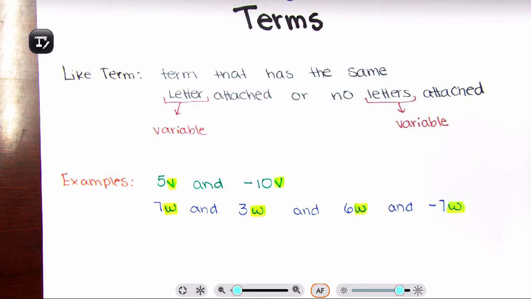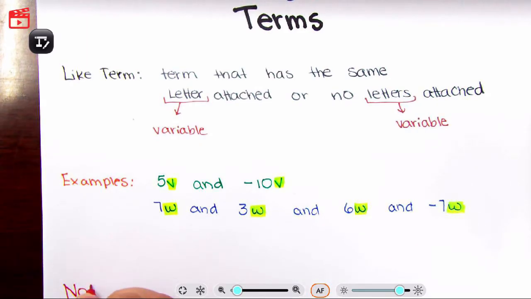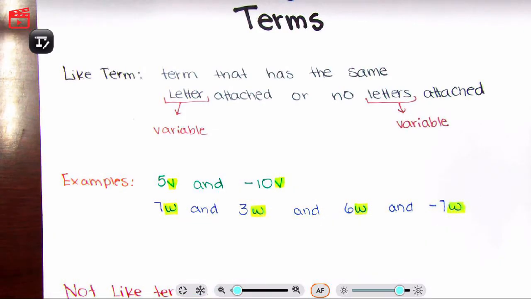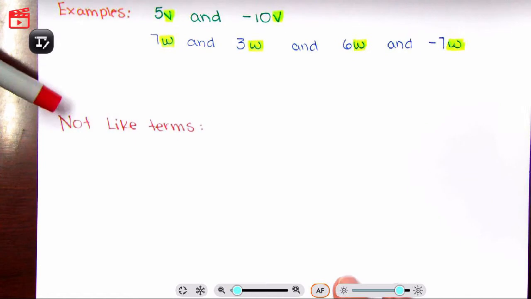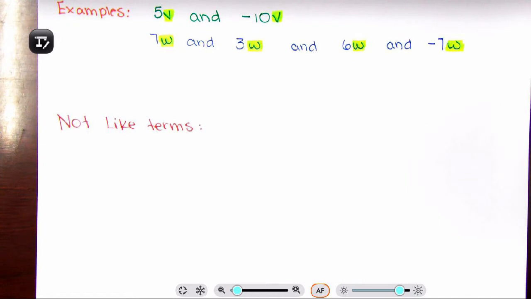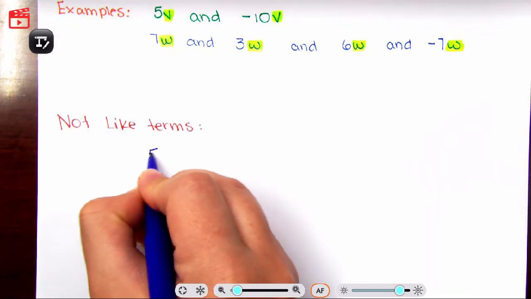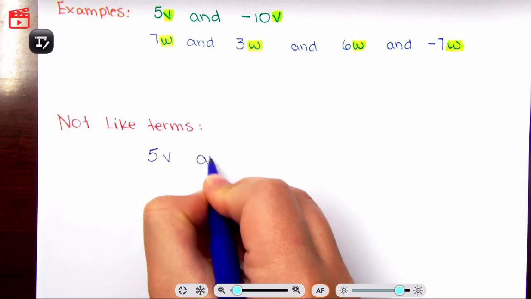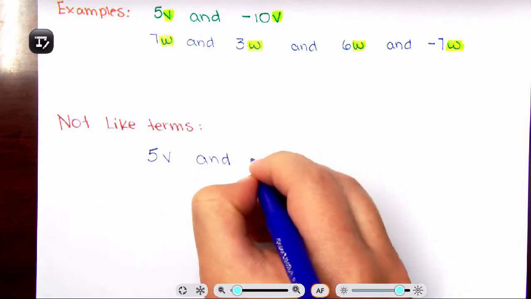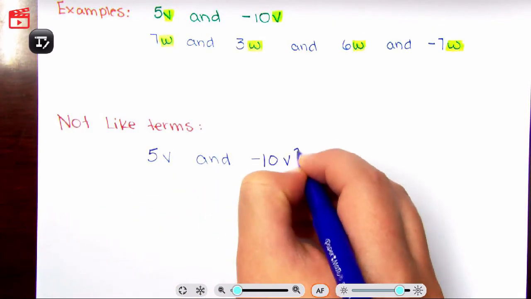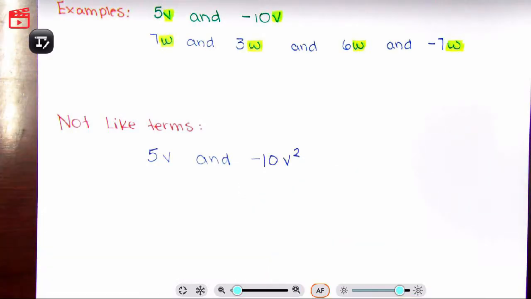However, there's a big old but. So these are not like terms, the following examples. If you have something like 5v and negative 10v squared, the letter has to be the same.